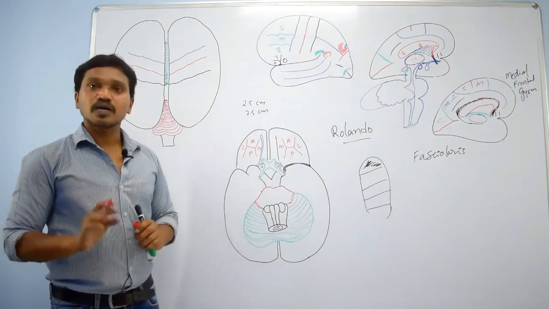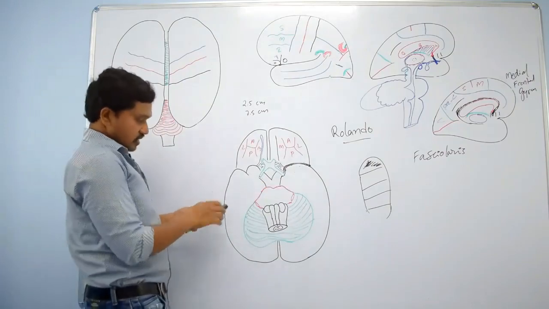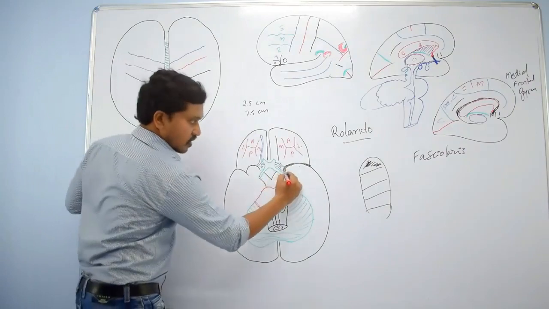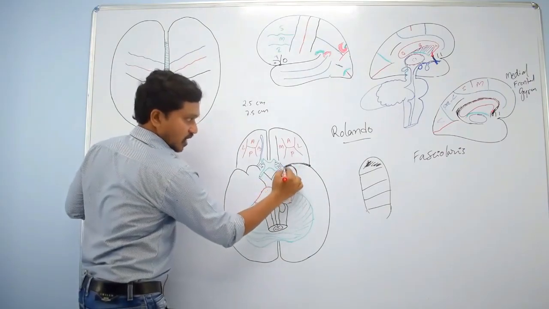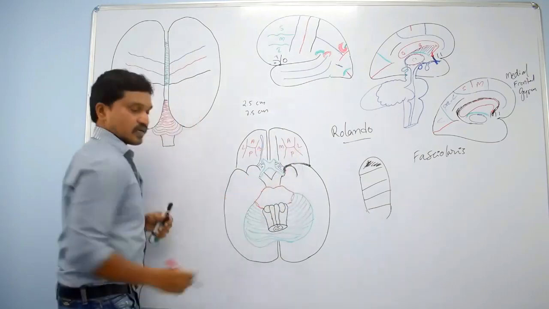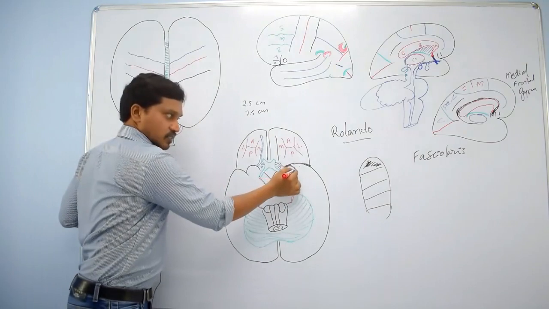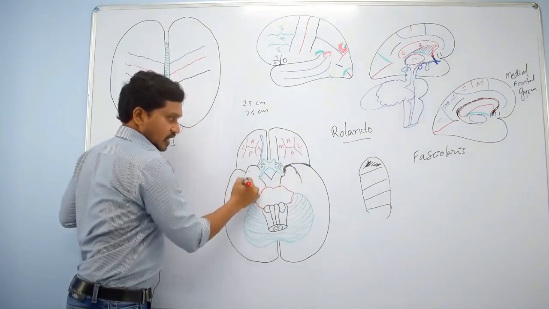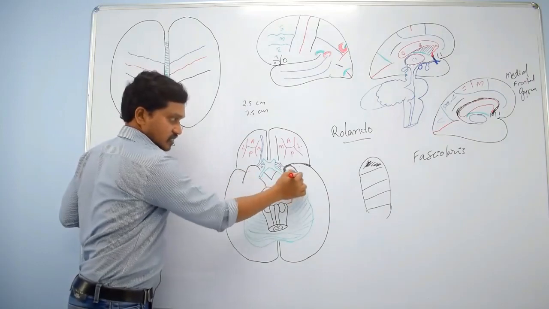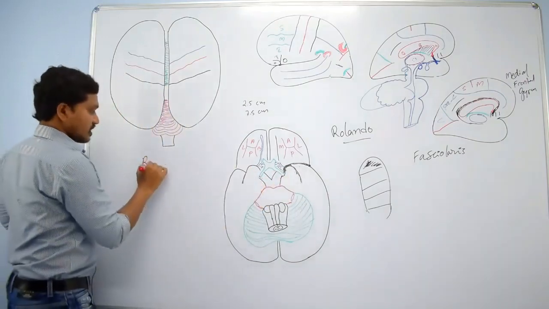Then come to the tentorial surface. Here the uncus will be there. From the lateral part of the uncus, there is a sulcus like this. This sulcus we call the rhinal sulcus.